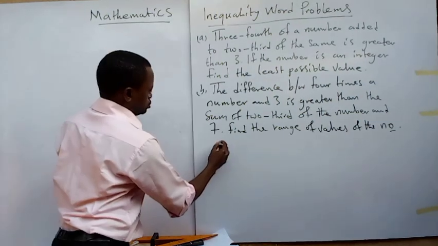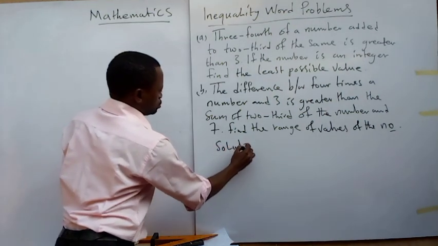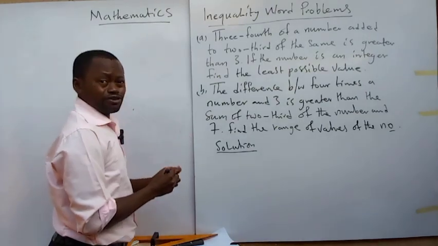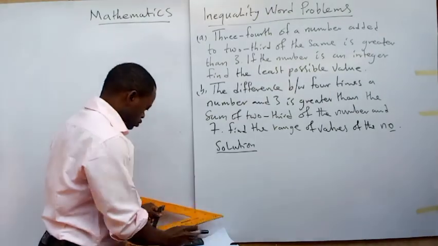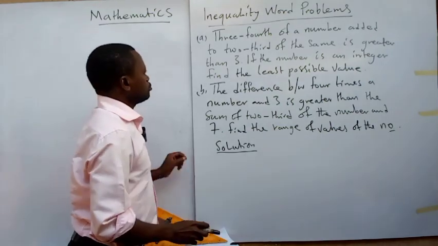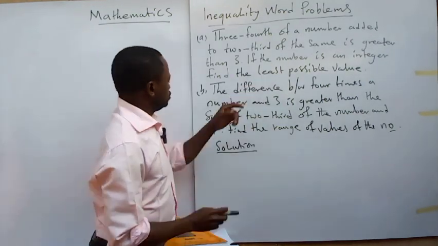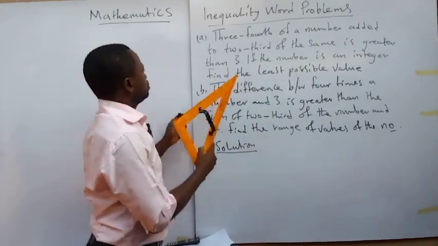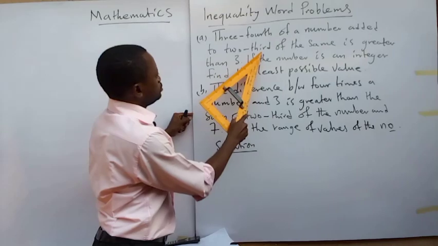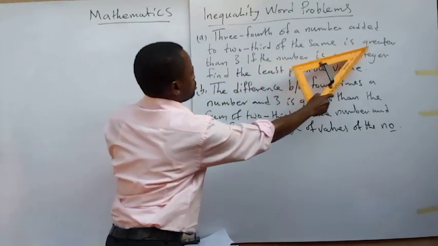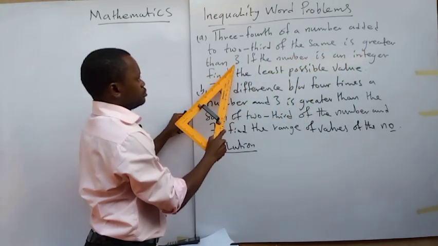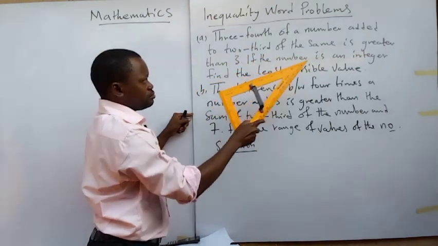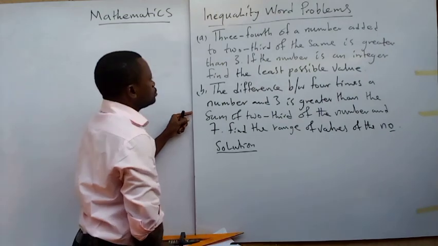So here, this first one says 3/4 of a number added to 2/3 of the same is greater than 3.